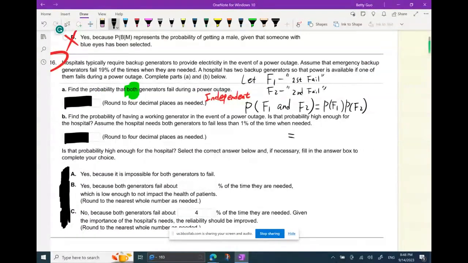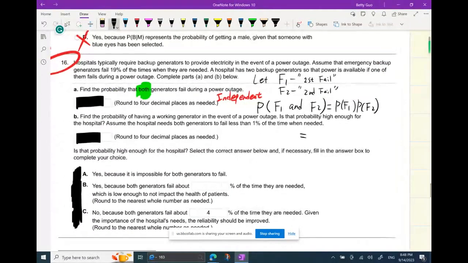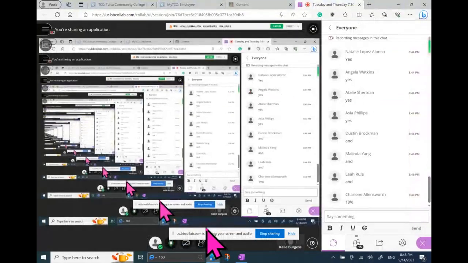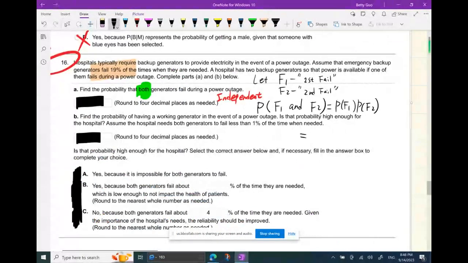Okay, what's the probability that the first generator fails? 19%. Awesome. In decimal? Yeah, you know how to convert to decimal, right? 0.19, yeah.